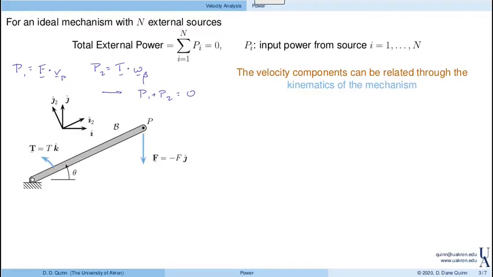And again, I think this is kind of cool because when we do this, this ends up being equivalent to satisfying static equilibrium conditions.